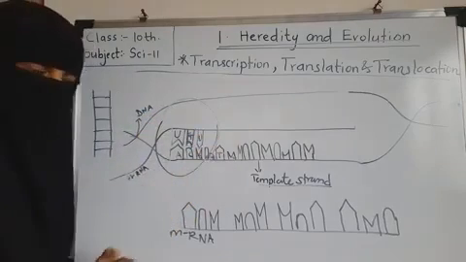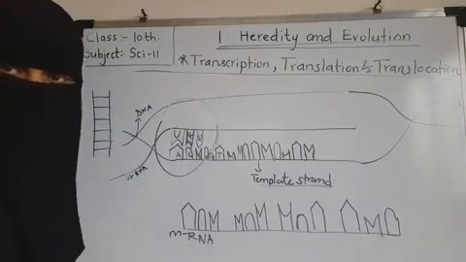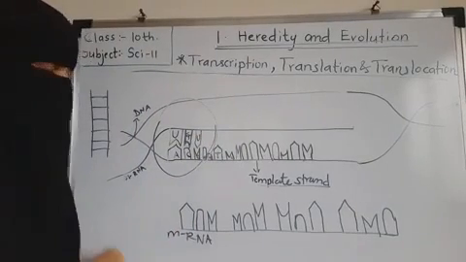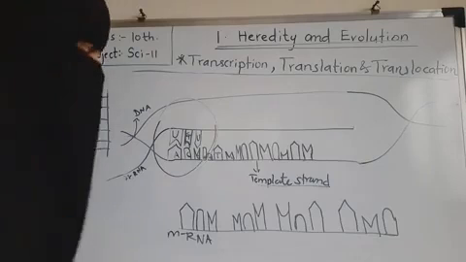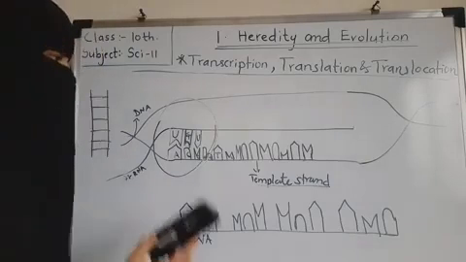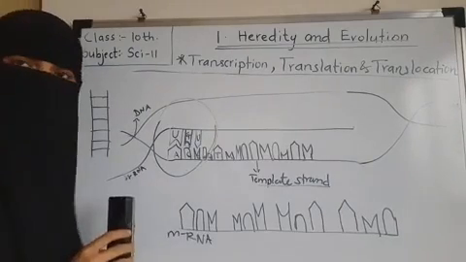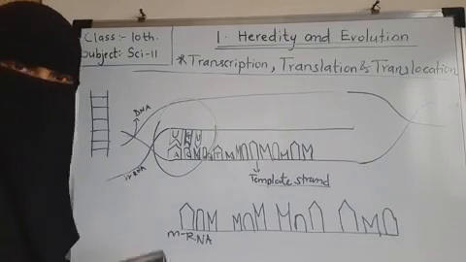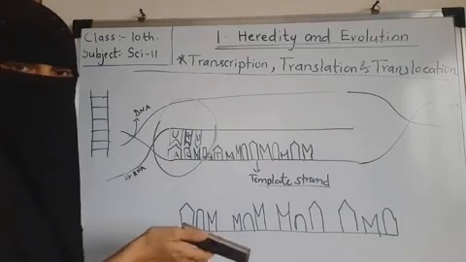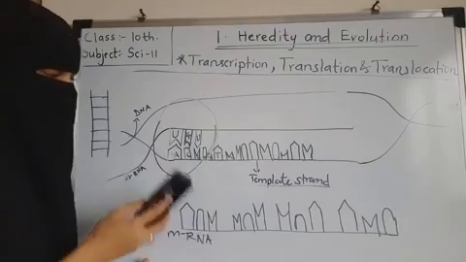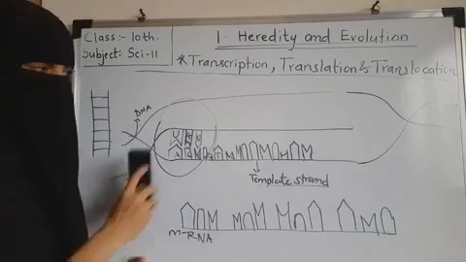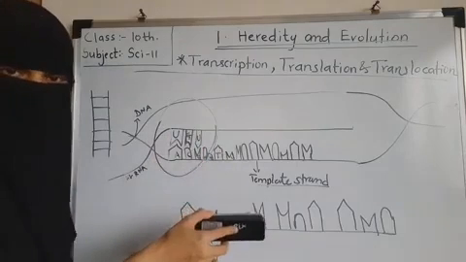Suppose this is the ribosome, right? Now see, messenger RNA comes out of the nucleus and attaches itself to the ribosome. When it comes out, it also brings the coded message, right, which was copied to it from genes. Now messenger RNA is ready. It is outside the nucleus.